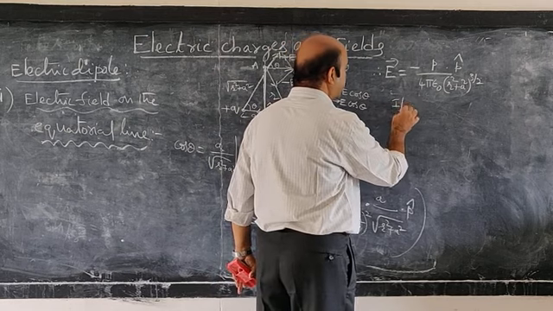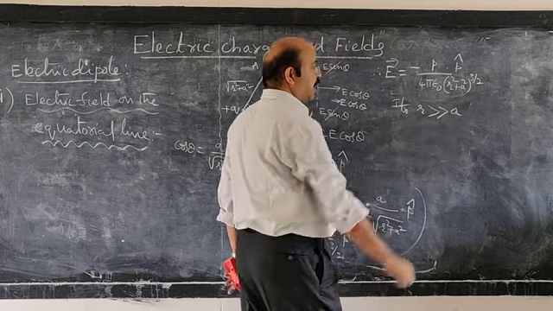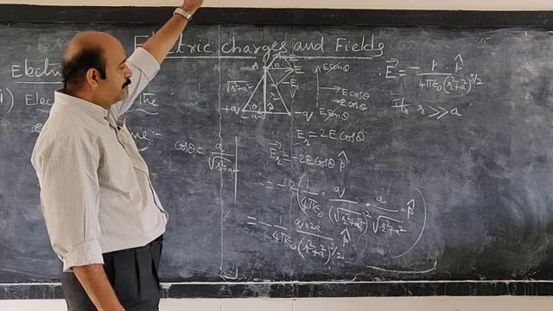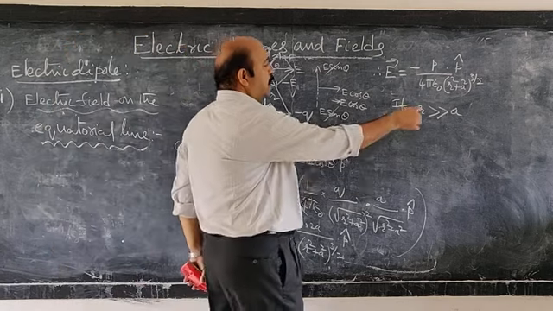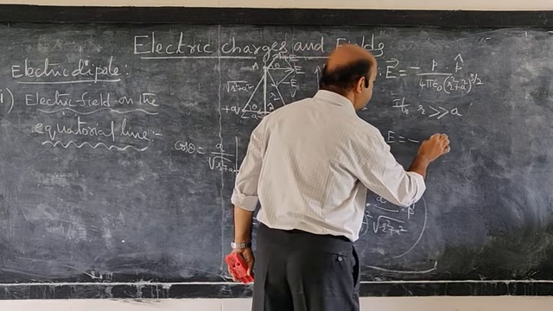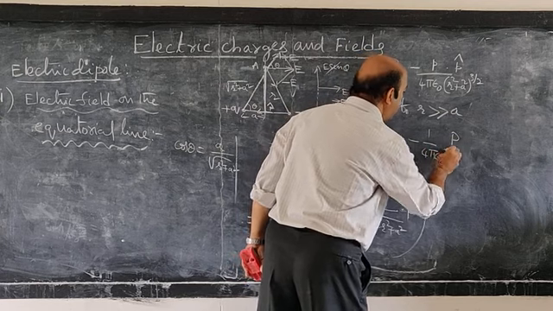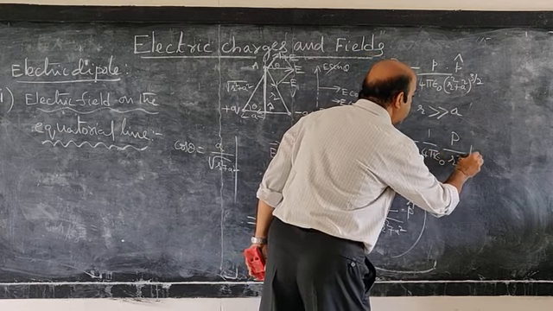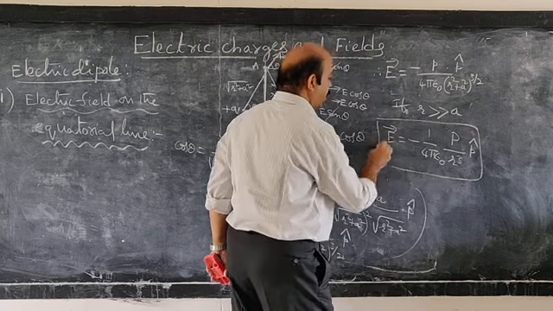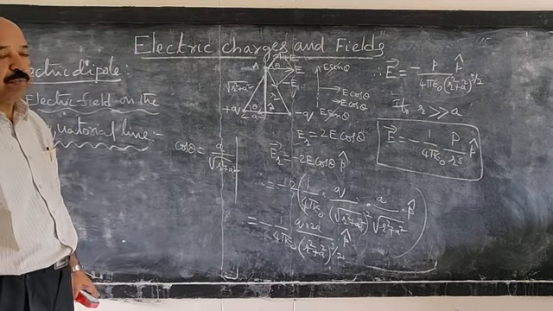Suppose r is far greater than a, as I said earlier, so let us take a point far away from the center of the dipole. In that case, you drop a. What you get is E equal to minus 1 by 4 pi epsilon naught, p by r cube, into the unit vector. So this is the approximate formula for a point far away from the center of the dipole.